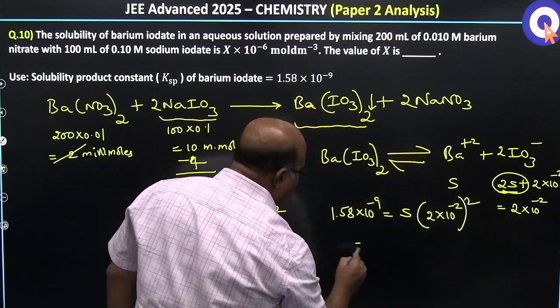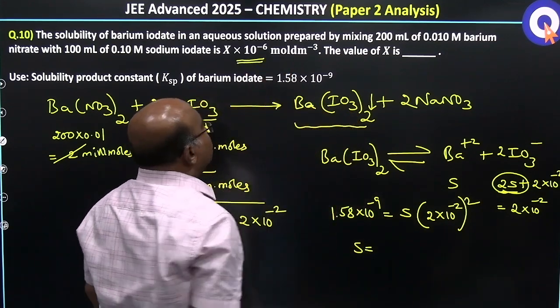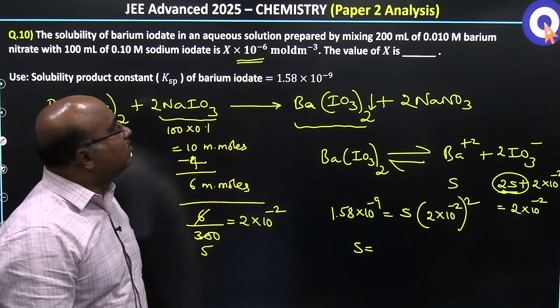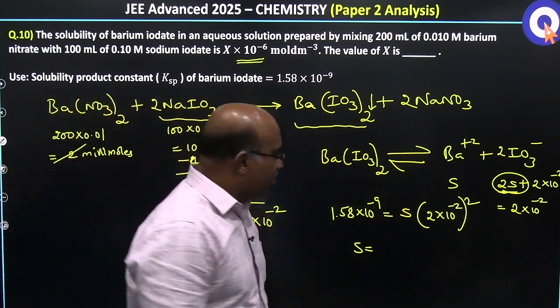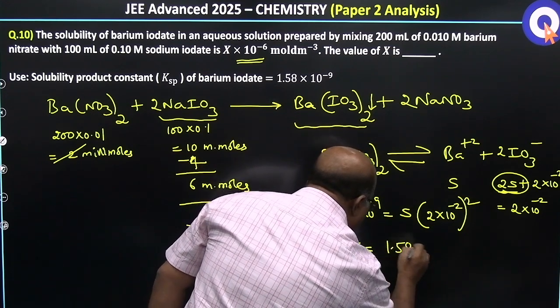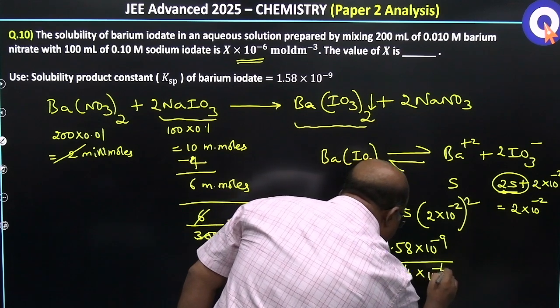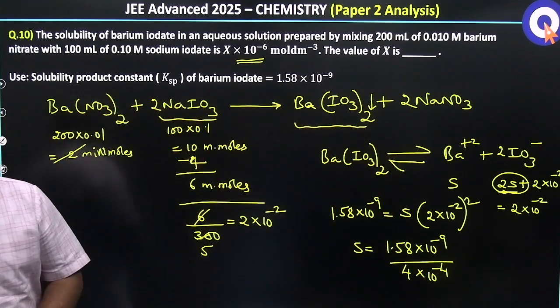So what will be the S value? You can try or calculate it. This is given in terms of 10 to the power of minus 6. So you can solve it. S is 1.58 into 10 to the power of minus 9 divided by 4 into 10 to the power of minus 4. Solving it.